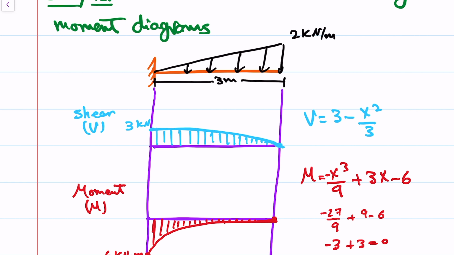Okay, so this is the free edge at x equal 3. So the moment must be 0 at this point. If you got any number different than 0, then look for your mistakes. Okay, I hope this was helpful.